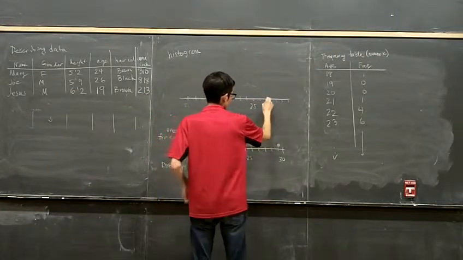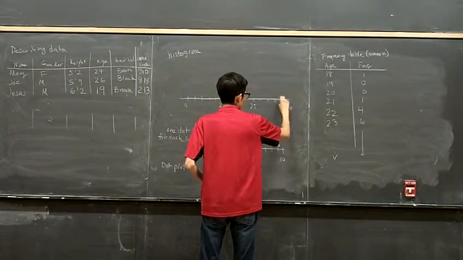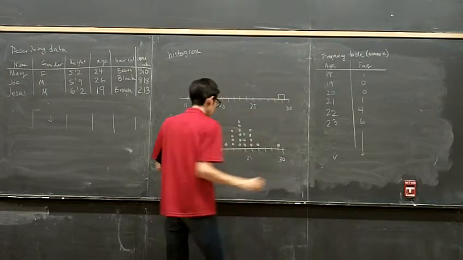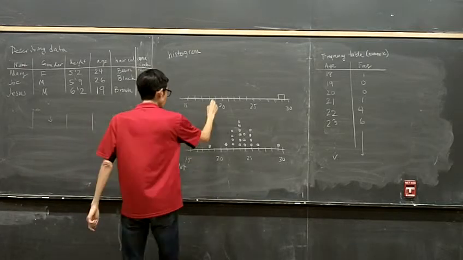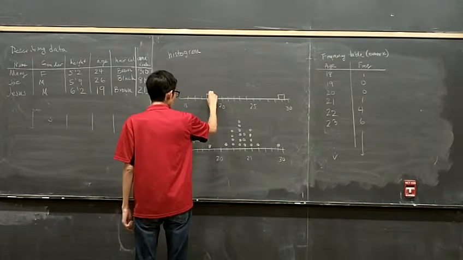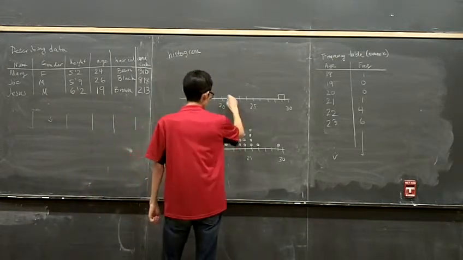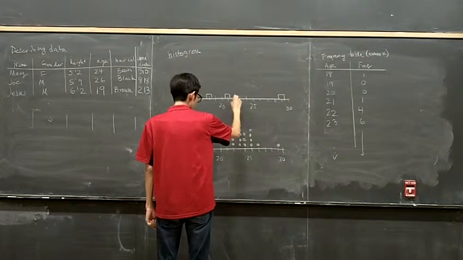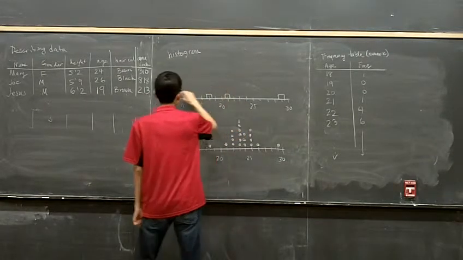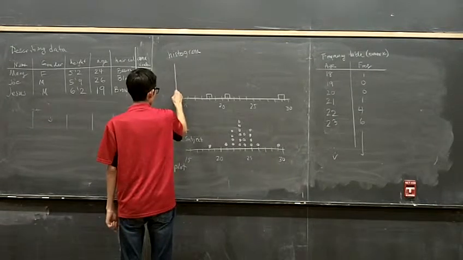So let's say I want to do this same information here as a histogram. It would look something like this.